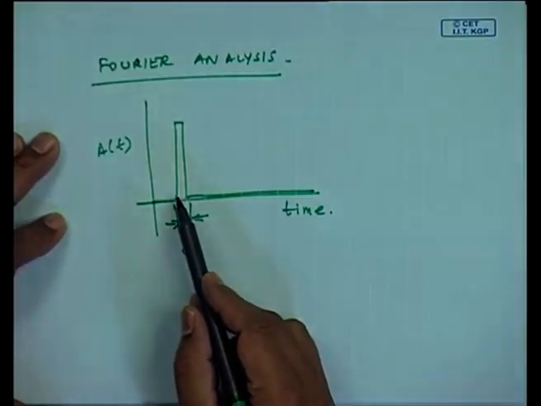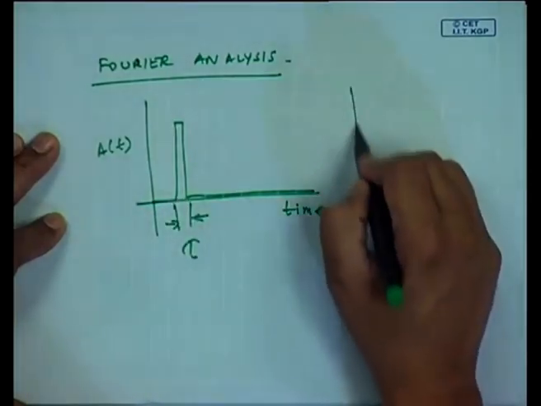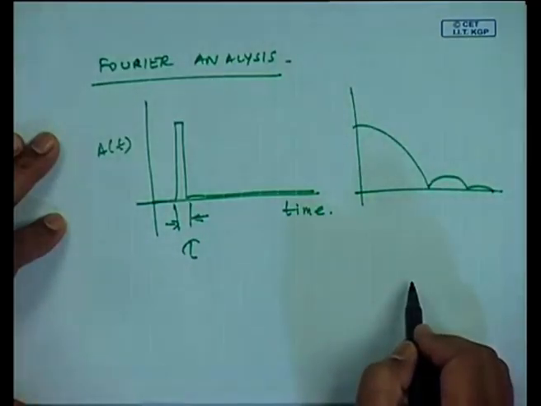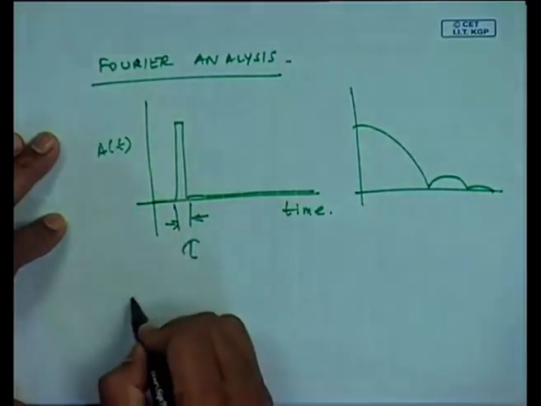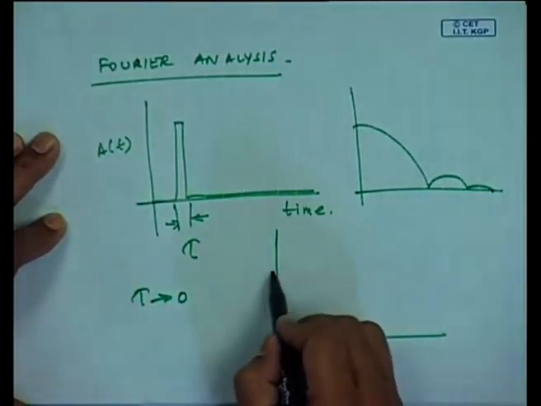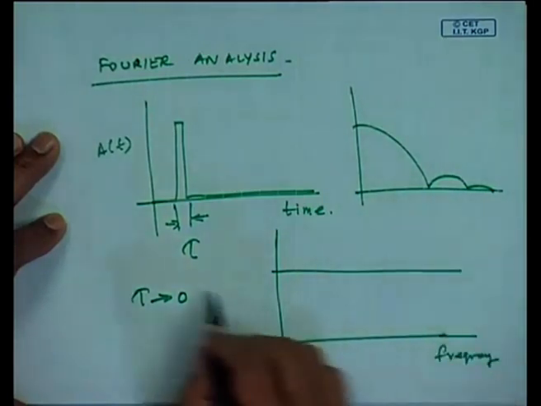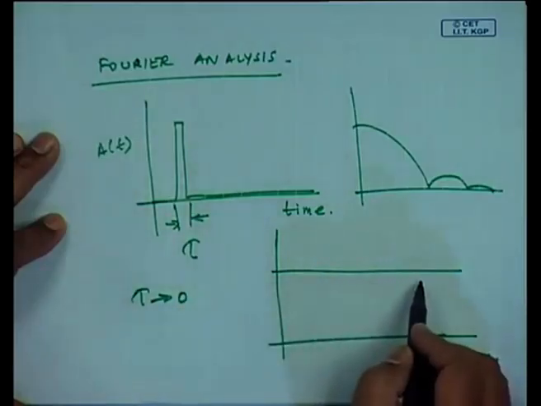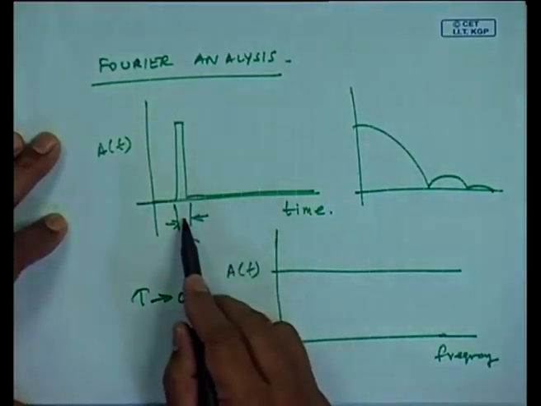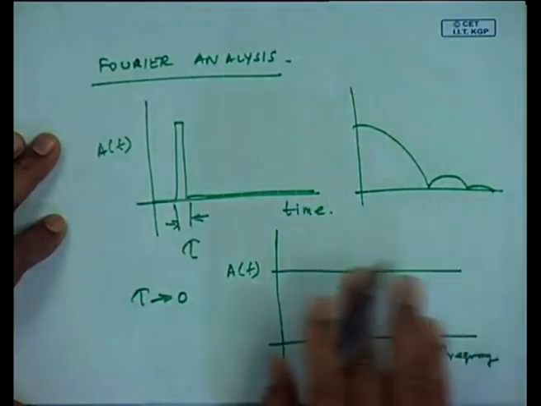If tau becomes very small, its response in the frequency domain will be very large, and you perhaps would have done this as a homework, I believe. Or if this tau tends to 0, I will have a frequency response similar to a broadband excitation. That means, because of an impulse where the time period is very small, the frequency response is very large. Time and frequency are inversely related.